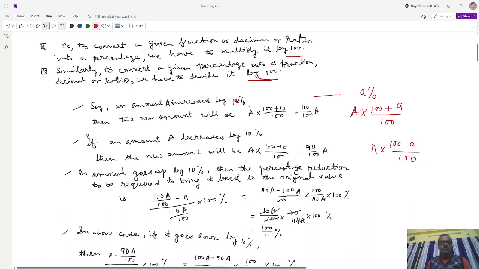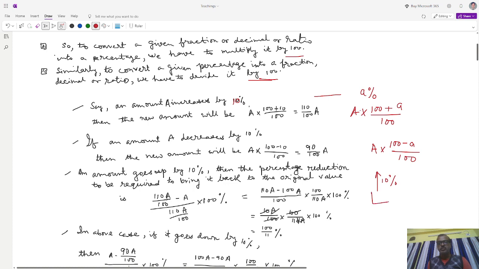If an amount goes up by 10%, then what percentage reduction is required to bring it back to the original value?